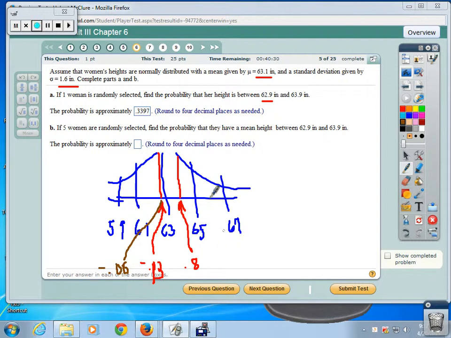Alright, somebody give me the right hand side, which would be 63.9 minus 63.1 divided by 1.6 divided by 2.24. What do you get?